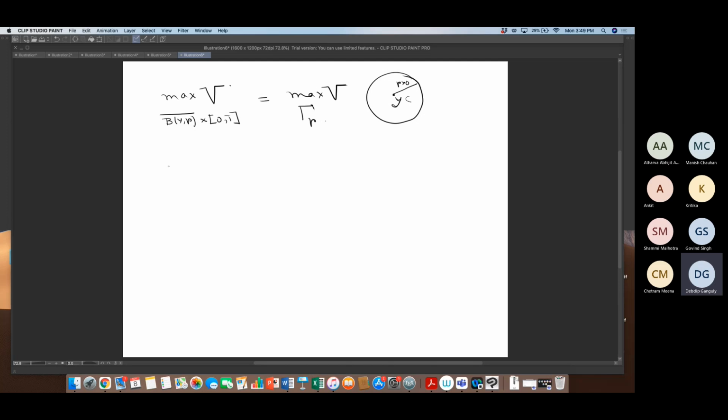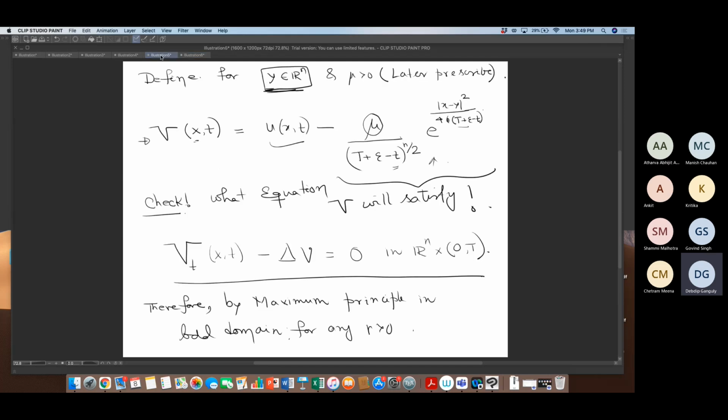Gamma r is the parabolic boundary of B_r cross (0,T). Is that clear? Because in B_r also it will satisfy this equation, right? This equation in B_r cross (0,T). Yes or no?